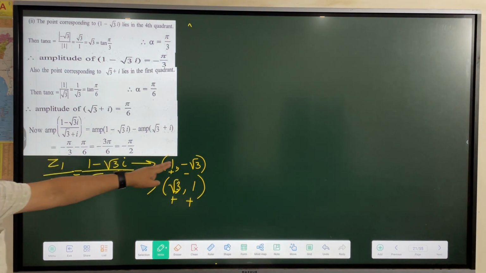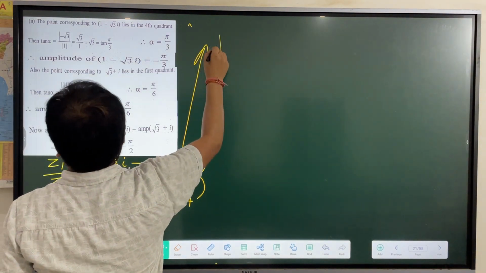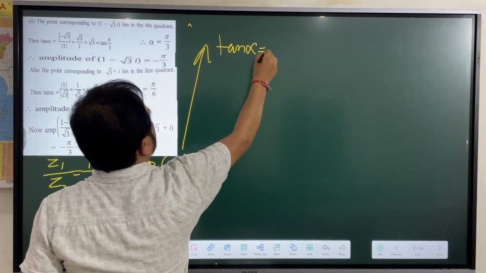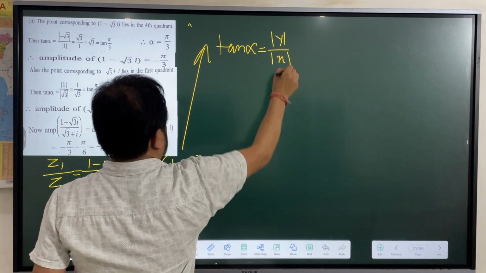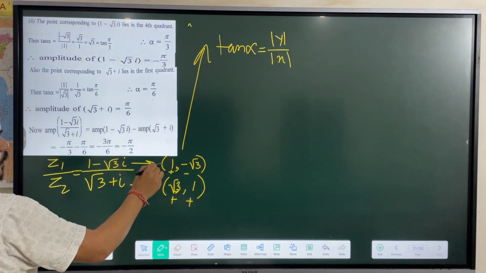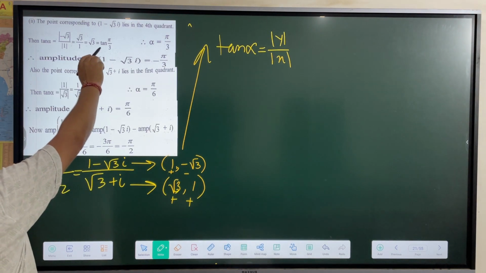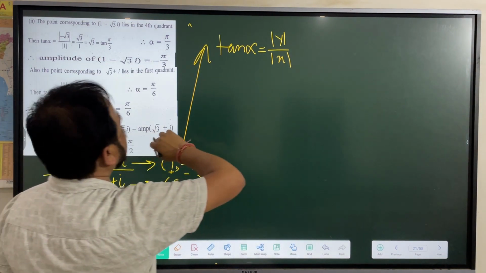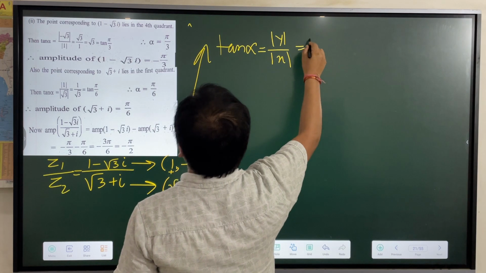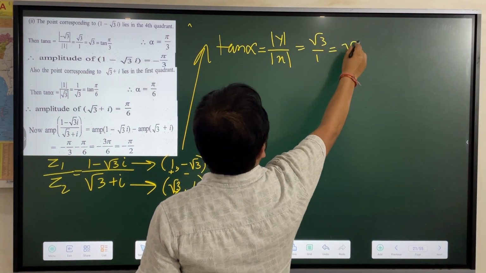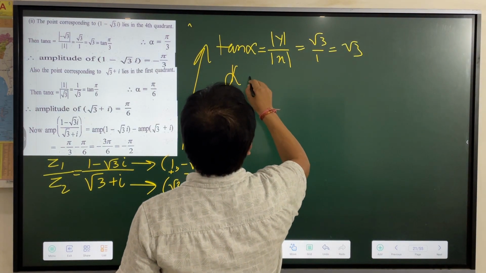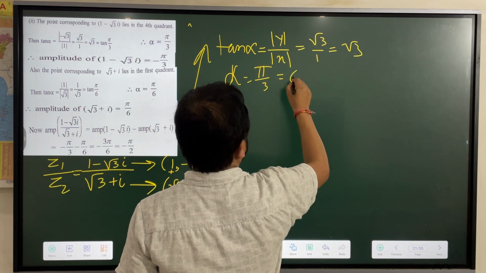Then for this one we will find out tan alpha equals y by x. Tan alpha equals root 3 by 1, equals root 3. So alpha is equal to pi by 3. That means 60 degree.